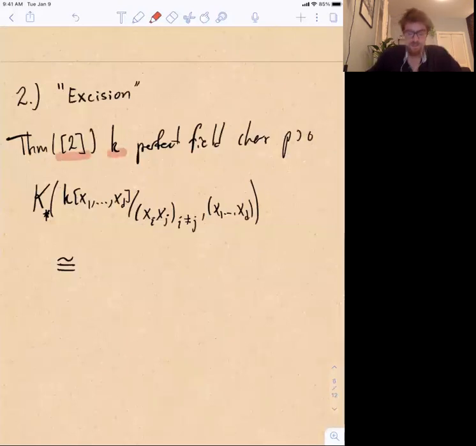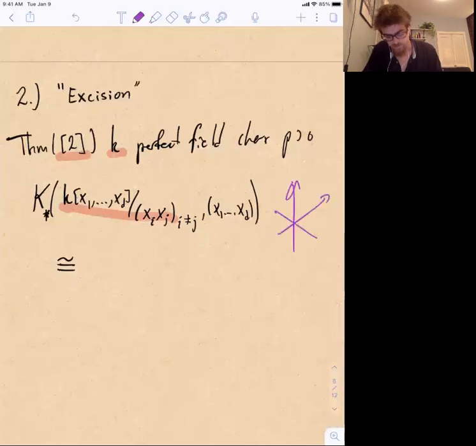And again, let K be a perfect field of characteristic p. So I'm looking at the coordinate axes over K in many variables. Here, let's just draw the 3-dimensional case.